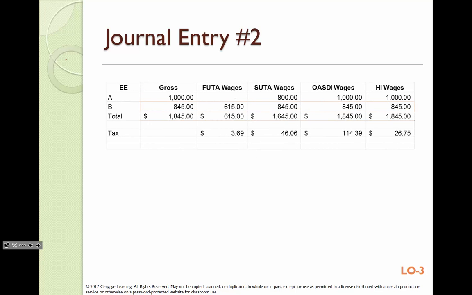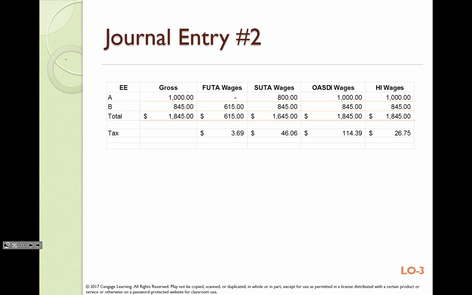So here's the situation. Here's the same 2 folks. And it looks like of their $1,845 of total gross, some people are capping for FUTA or have capped, right? Looks like there's even a little bit of capping going on with SUTA. Nobody's capped for OASDI.